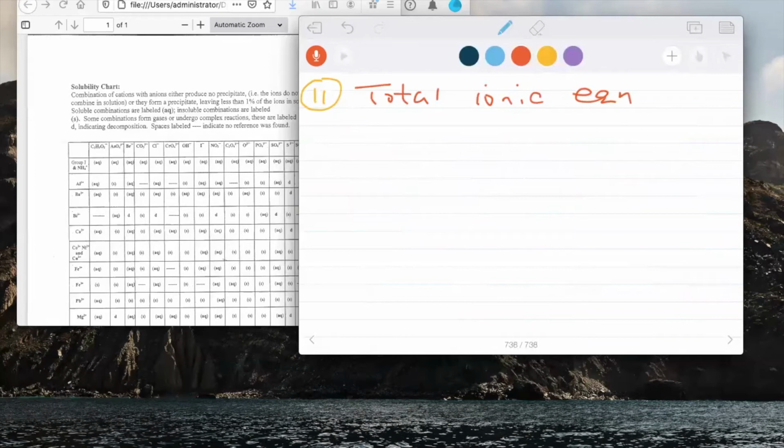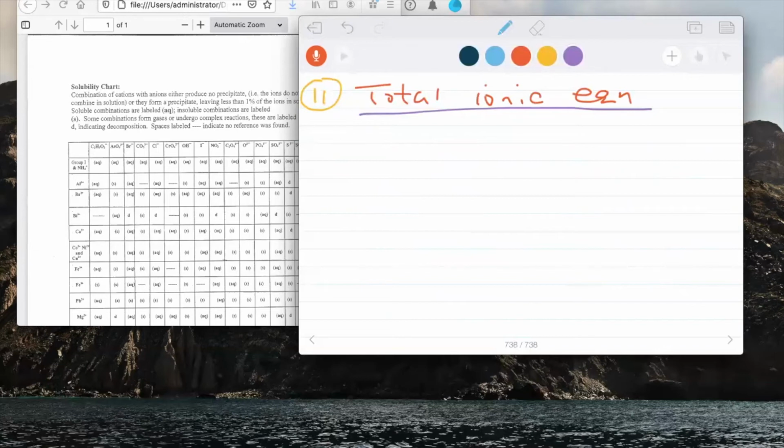How do I derive the total ionic equation? Once you derive the molecular equation, it is balanced, and you have the correct formulas, you use that as the foundation for the total ionic equation.